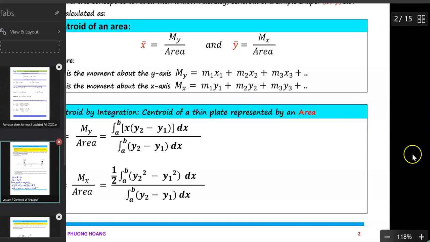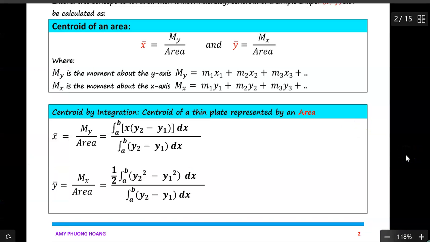Okay, so let's get back to our lesson. These are the formulas to find the x-ordinate of the centroid, represented by the x bar. I will derive these formulas for everyone. And this is the formula to find the y-ordinate, which is Mx, the moment about the x-axis, divided by the area.